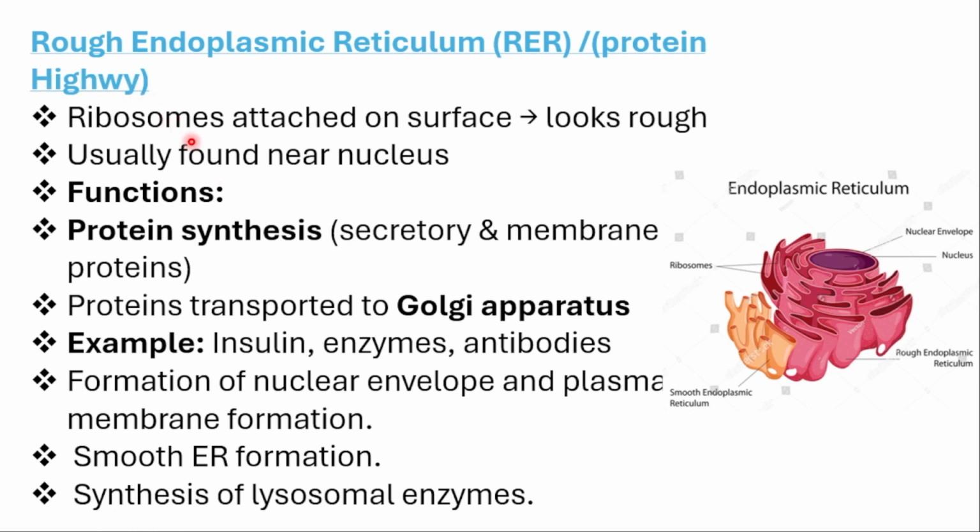So when we go near the rough endoplasmic reticulum, you will see ribosomes attached on the surface, so that it looks what? Rough. Usually it is found near the nucleus.